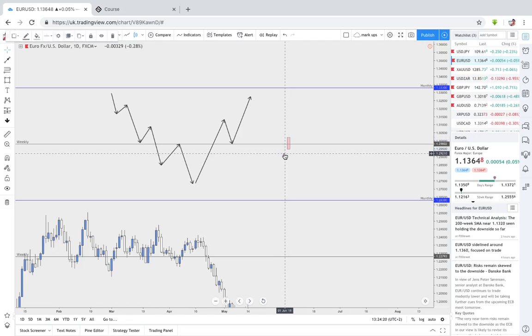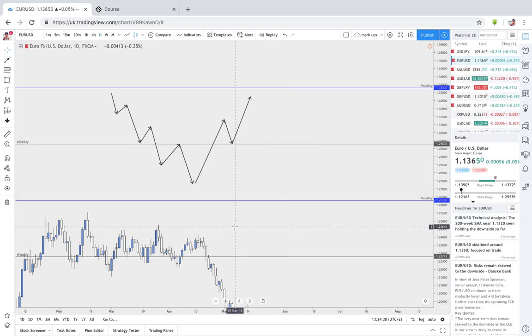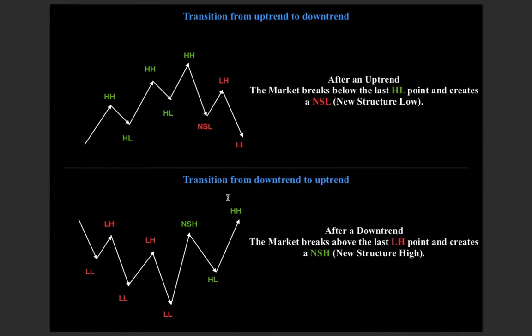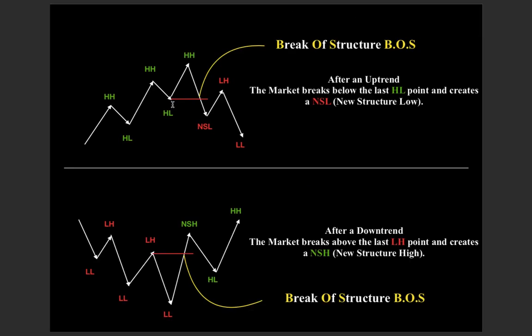Keep in mind, we do structure analysis mostly for the long term. So we'll do that on our daily and our H4 timeframes. This helps us identify the real shift in the trend. So looking at that, we can see that in an uptrend, our break of structure happens after we break below a lower high point.